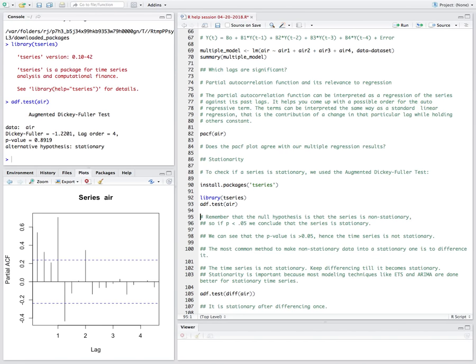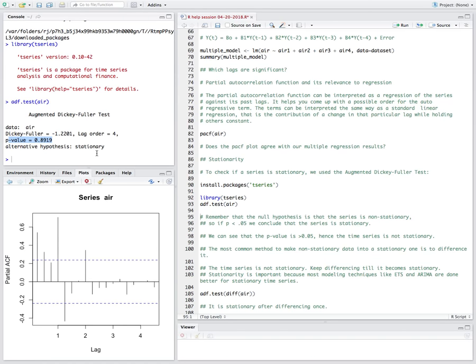As long as the p-value is greater than 0.05, you can safely say that the data is non-stationary. You can observe here that the p-value for the air data set is 0.89, which means that the null hypothesis is quite strong and you can't reject it. Therefore, the data is clearly non-stationary.